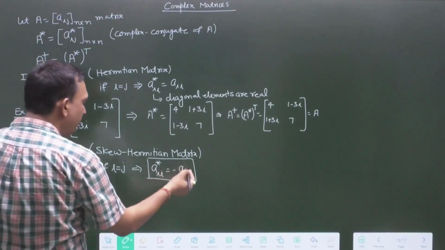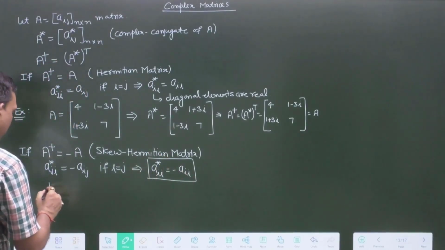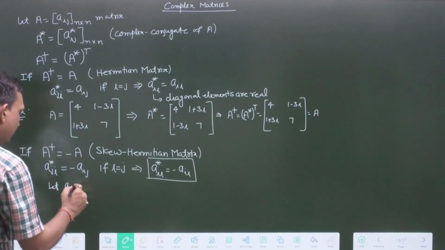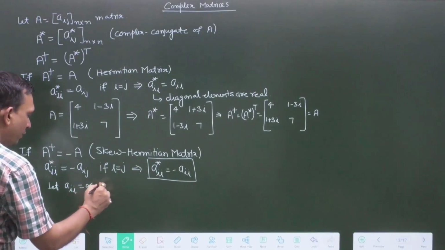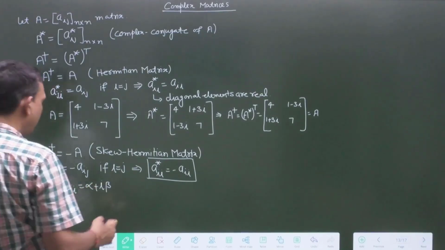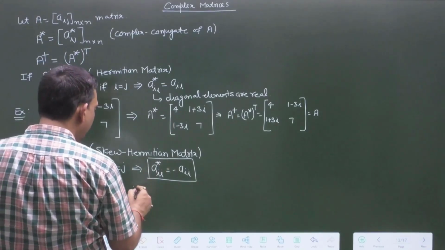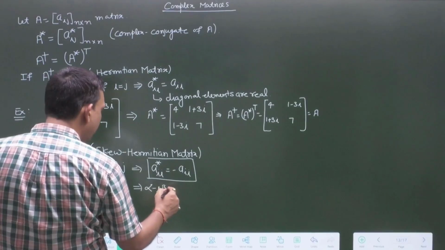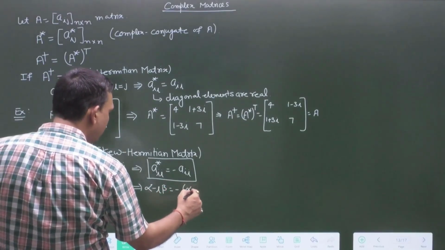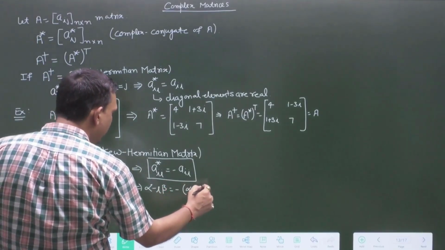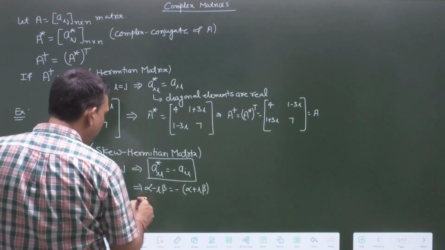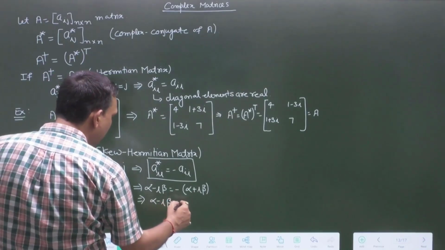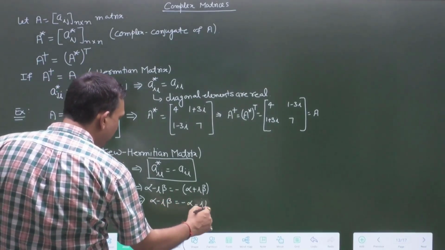So what does it mean? Let the diagonal elements be some complex alpha plus iota beta. Then this condition tells you the conjugate, alpha minus iota beta, is minus times alpha plus iota beta, so alpha minus iota beta is minus alpha minus iota beta.